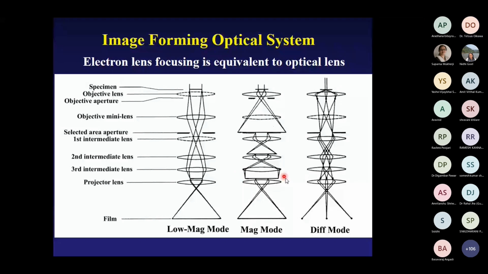Each intermediate lens has about 10 times magnification, the objective lens has about 50 times magnification, and the projector lens has about 200 times magnification. Finally, we can easily obtain 1 million times magnification.